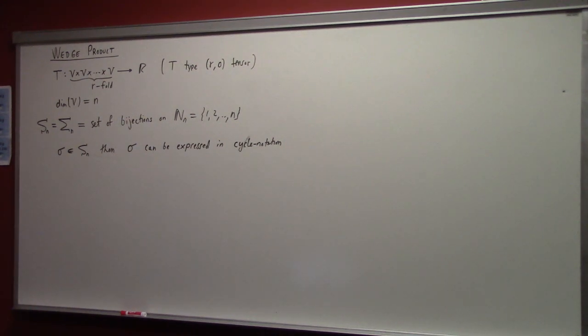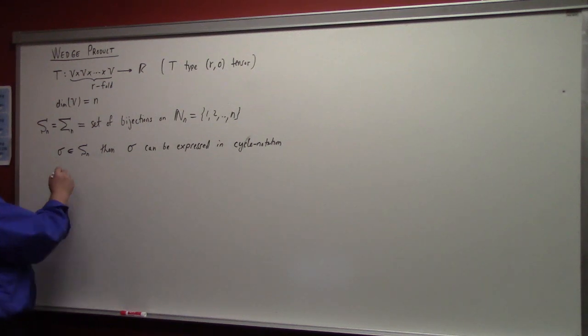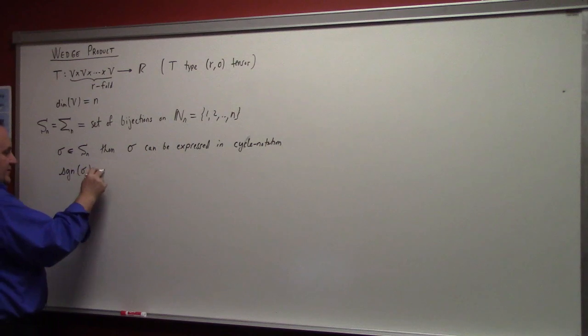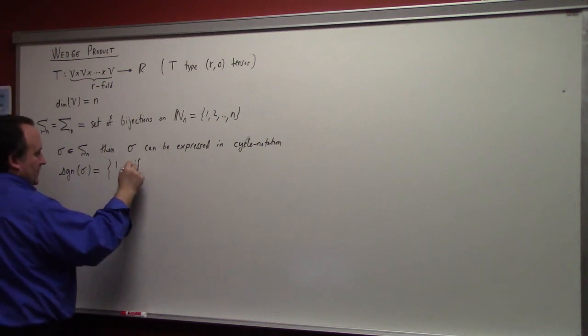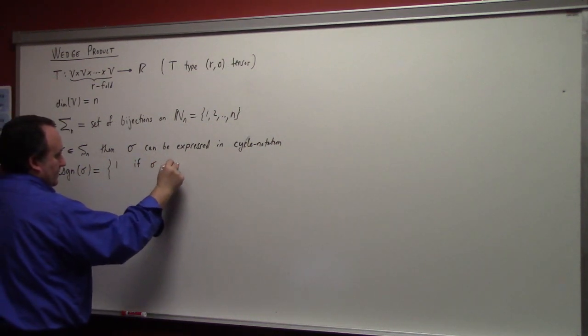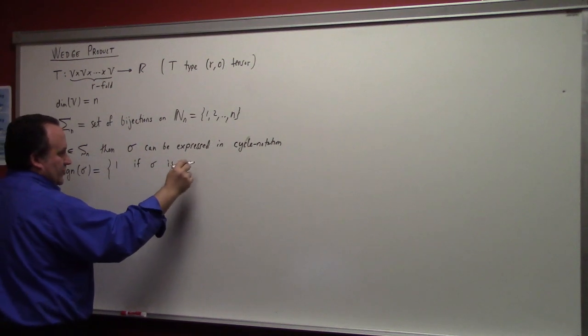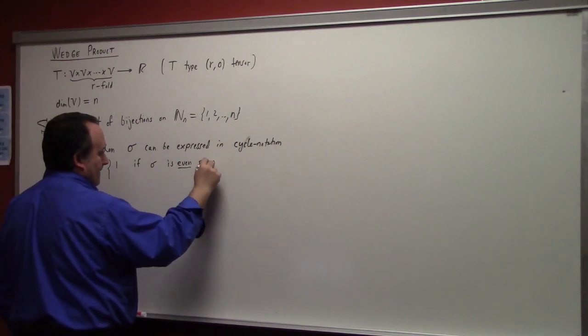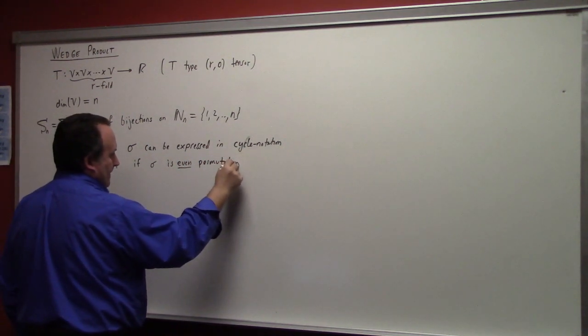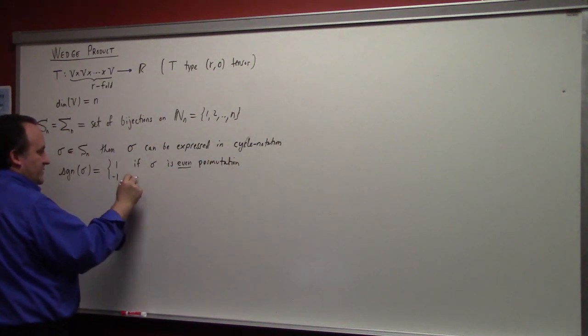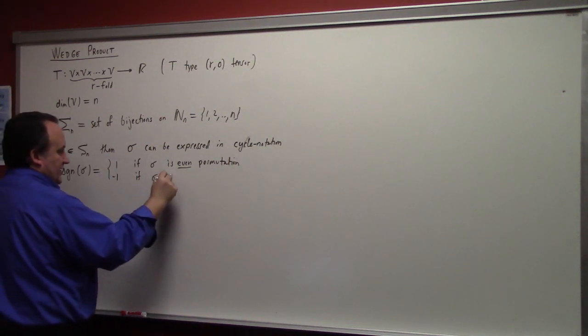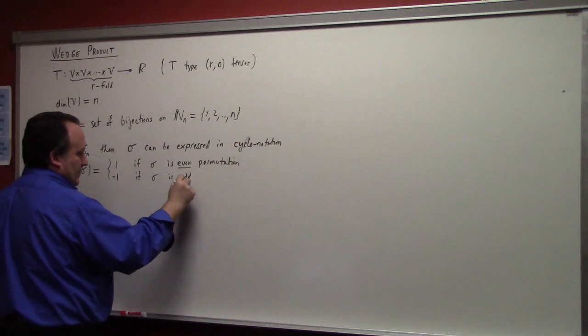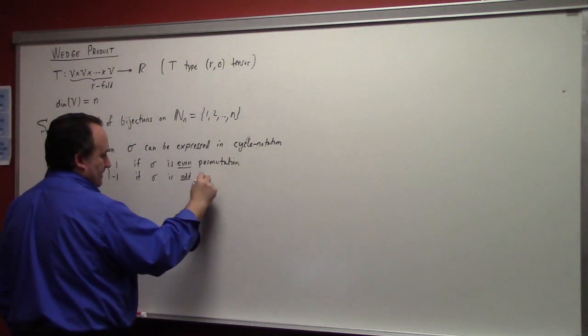So that allows us to define the so-called sign of a permutation. And this is either equal to 1 if sigma is an even permutation, and it's equal to -1 if sigma is an odd permutation, right?